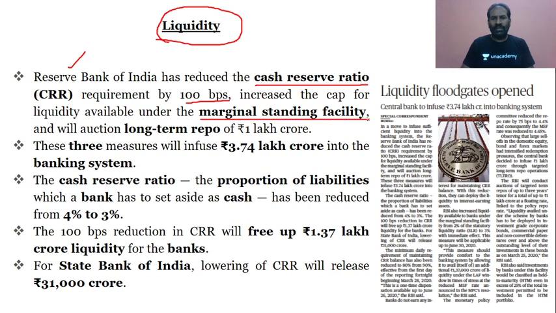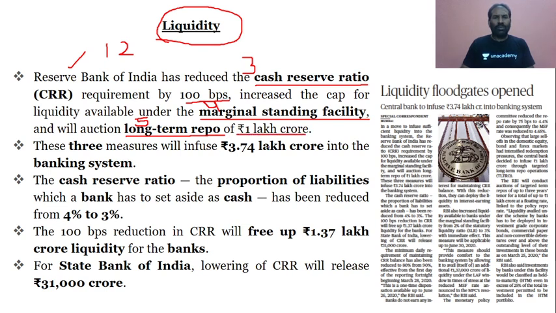Another facility is the marginal standing facility, and the third is the long term repo operation, or LTRO. As we have seen earlier, the repo rate is 1, reverse repo rate 2, and this is the third, the cash reserve ratio. And then there are the marginal standing facility and the long term repo operation, LTRO.